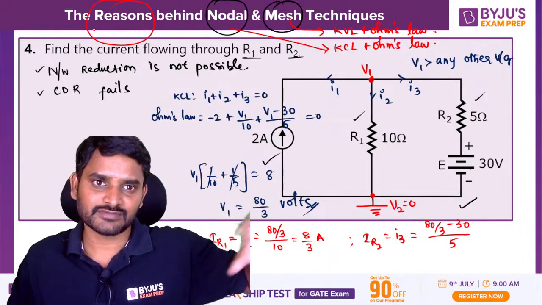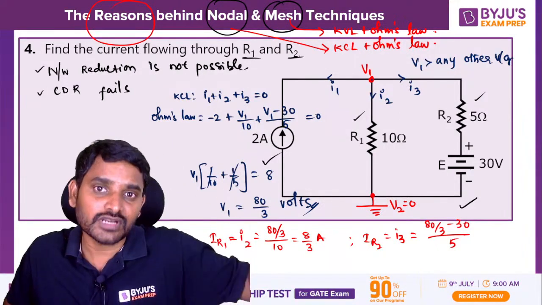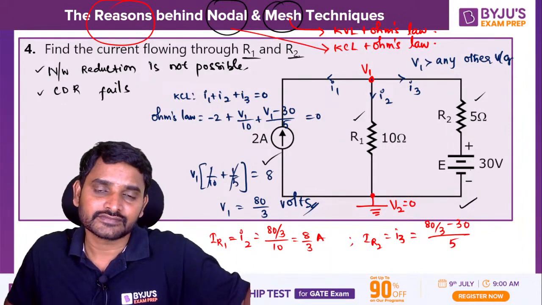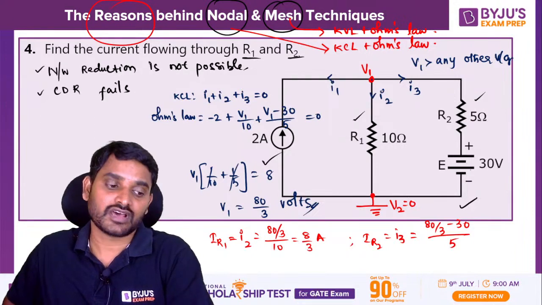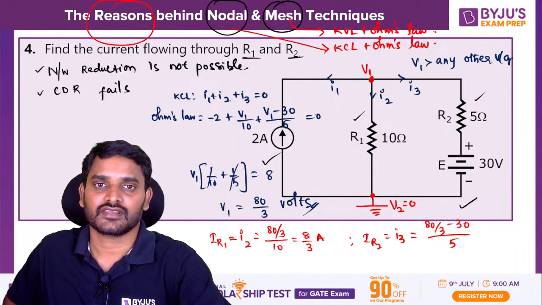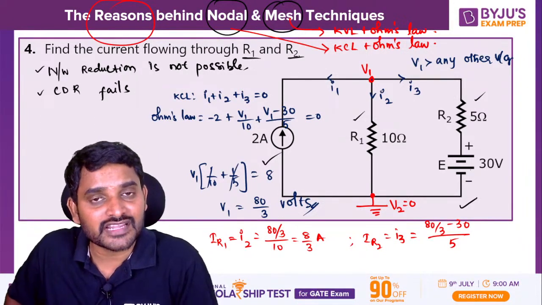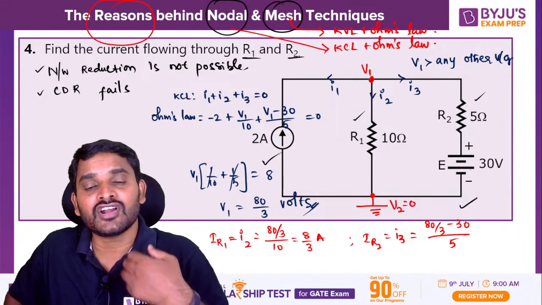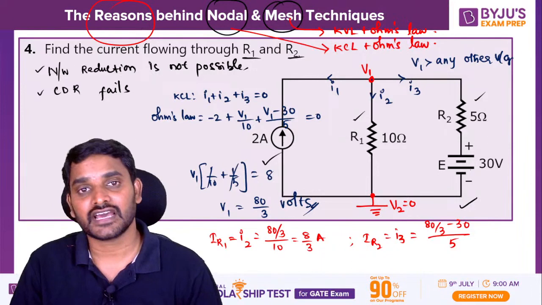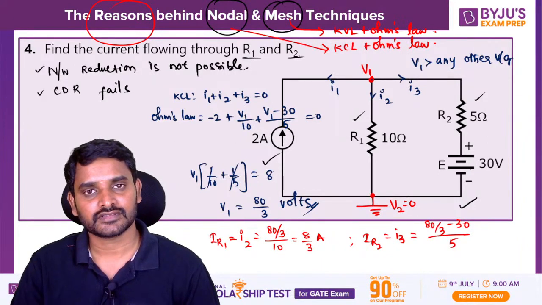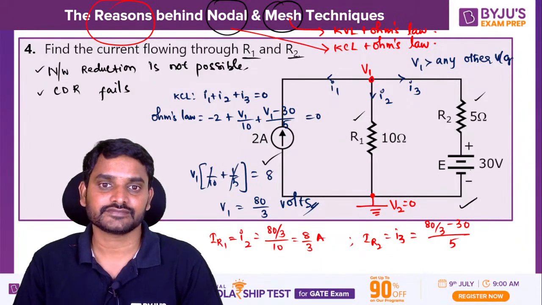Something has failed, some law has failed, some rule has not been implemented. That's the reason why we are coming up with the next rule or next method. So what is the reason behind the nodal method and mesh method? Because you are not able to reduce the network. We are not able to apply the current division rule. So that point I have mentioned here.